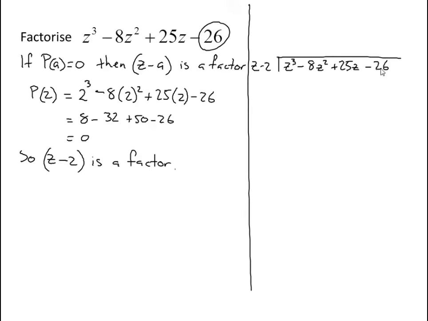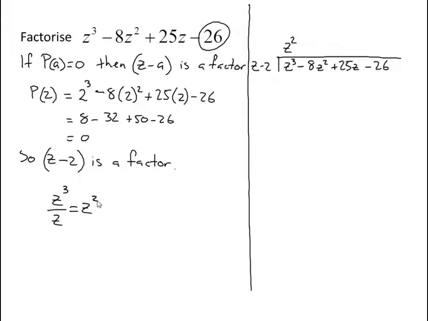How many z's go into z cubed? And the answer is z squared. Then that becomes our multiplier. It's divide, multiply, subtract, and bring down.